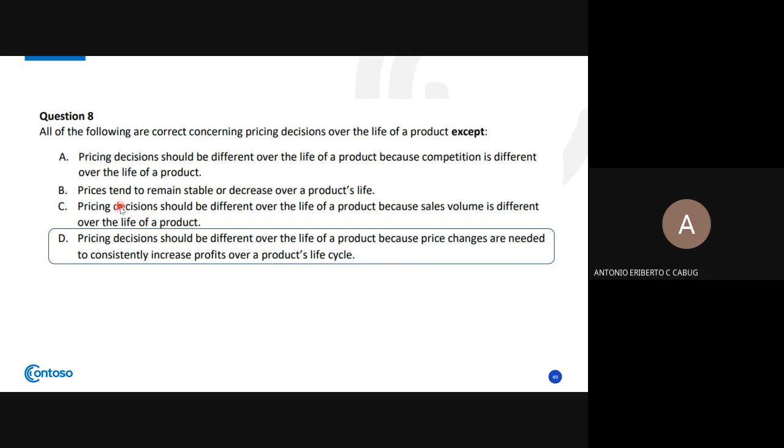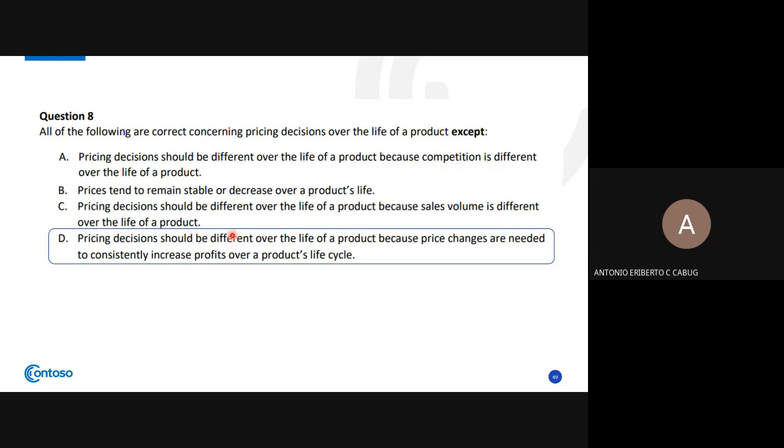It shouldn't remain stable or decrease over a product's life, ha? Pag sinabi nating life cycle ng buong product, the pricing decision should be different over the life of a product because price changes are needed to consistently increase profits over a product's life cycle. Introductory, you can charge high. You can skim for the customers, no?